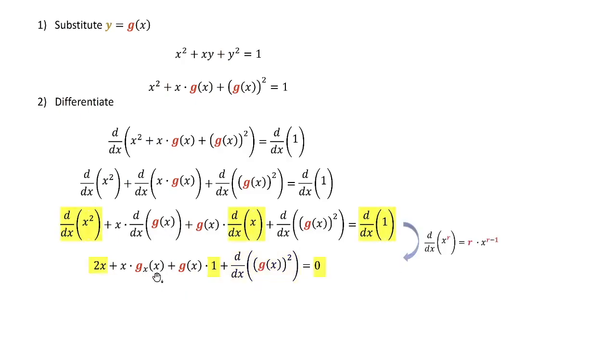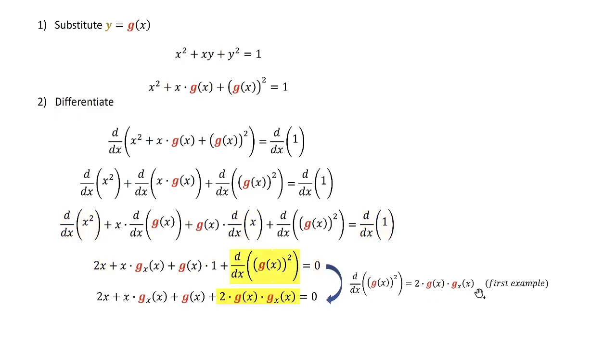And then the only thing left over is this term, and we did that in the first example. You can try it, but we did that in the first example. And so there it is. All the calculus is completed.